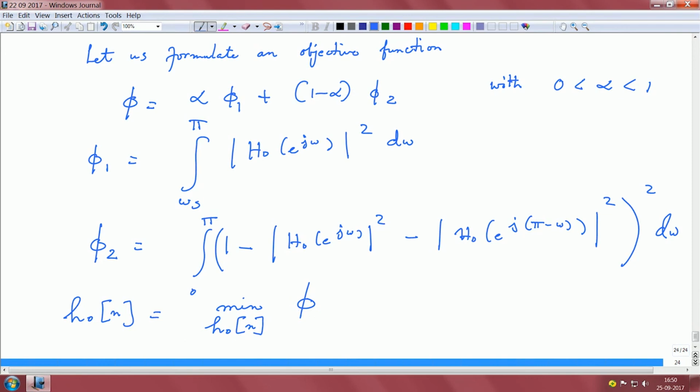of this objective function phi. That means if I choose alpha to be 1, I only minimize the tail energy, right. If I choose alpha to be 0, I look at just this distortion, that is the H0 and H1 magnitude square should deviate from 1, that residual square energy I want to minimize over all frequencies.